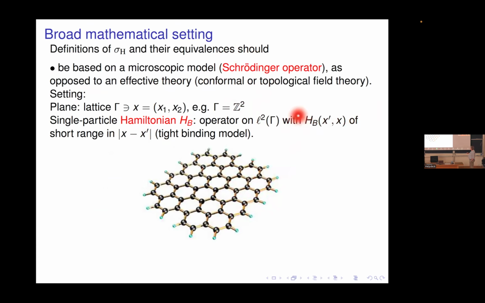That is described by, so to speak, an infinite matrix, more properly the Hamiltonian, which has matrix elements H x prime x. So this describes the hopping amplitude from x. And they are short range, so this is non-zero only if the 2 lattice sites x and x prime are very close.